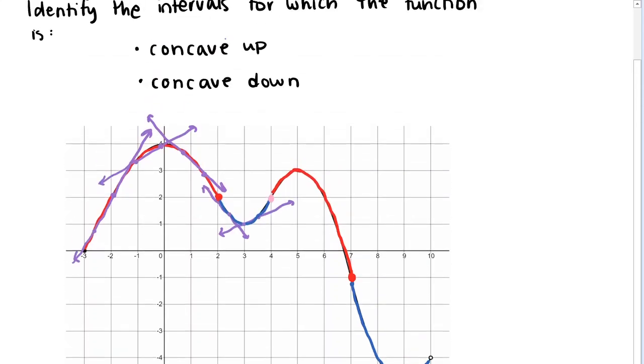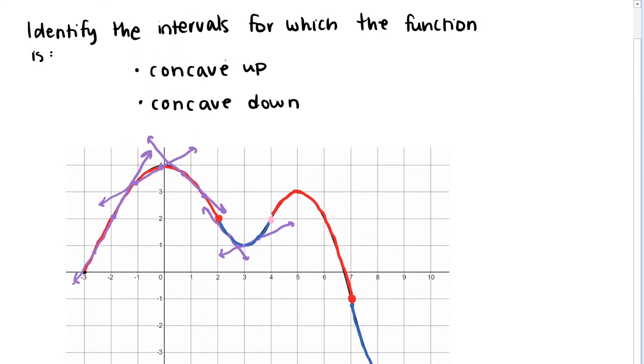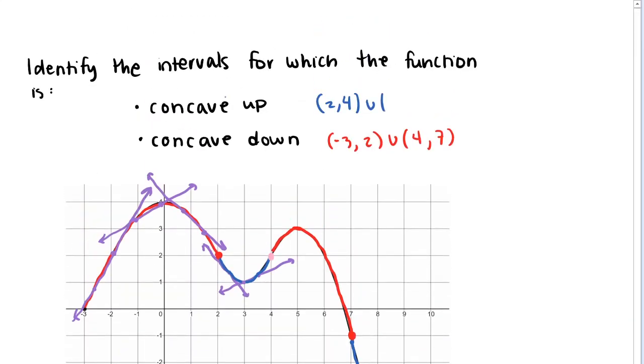And so if we want to label all of these, I would say that we're concave down on the input interval from -3 to 2, union 4 to 7. Now what about concave up? That's from 2 to 4, union 7 to 10.